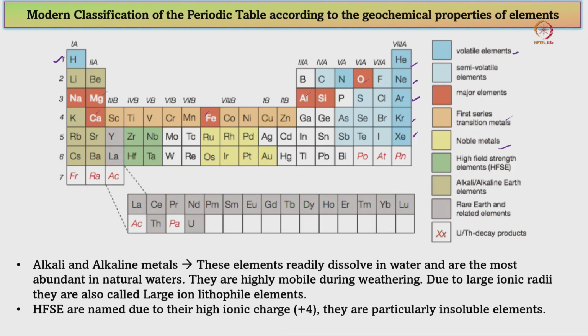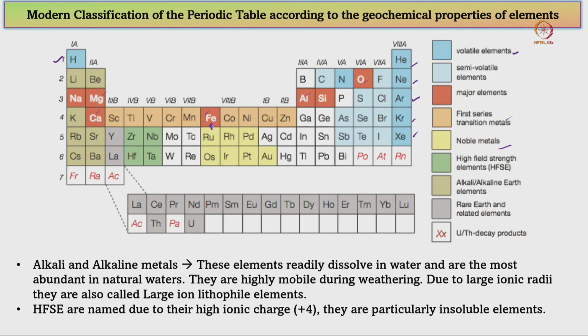The term noble comes when their occurrence is extremely rare, and they will mostly all be in the core. They are all very iron-loving elements.